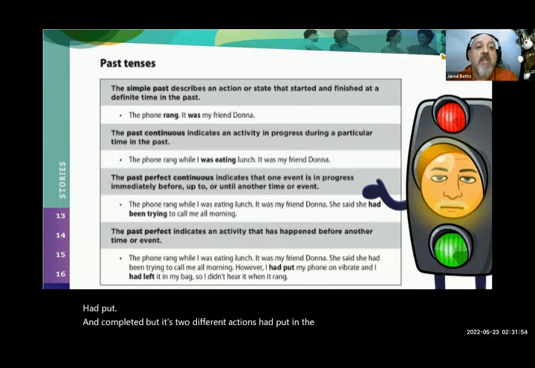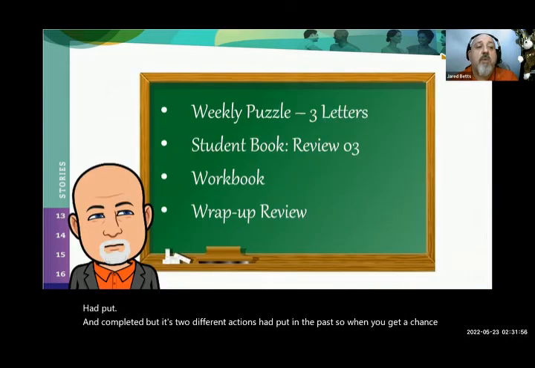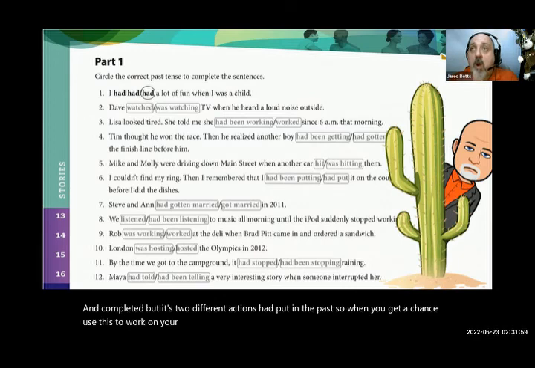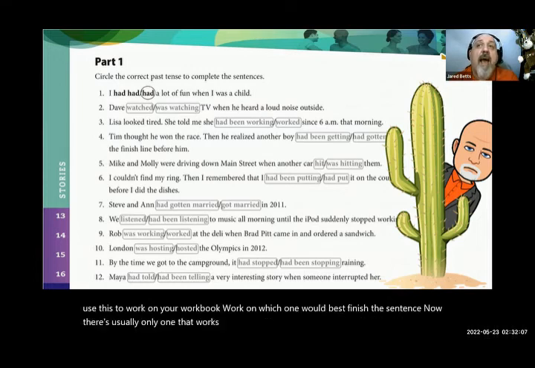So when you get a chance, use this to work on your workbook. Work on which one would best finish the sentence. Now, there's usually only one that works. So, number one, I had a lot of fun when I was a child. Now, you could say, I had a lot of fun.